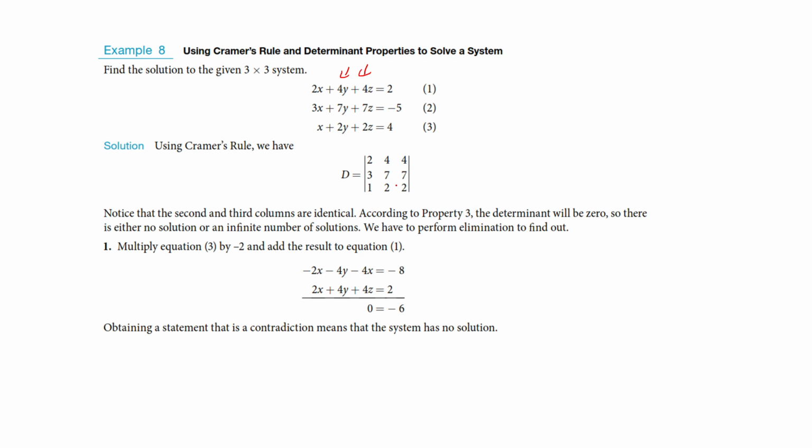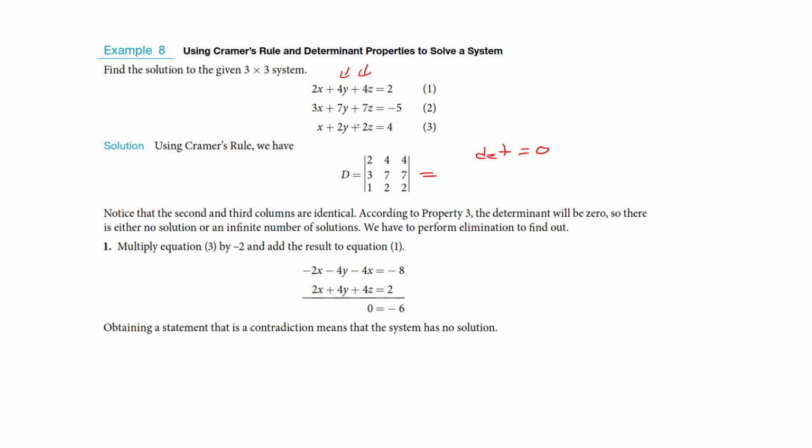I could crunch the math on this determinant, but I know from property 3 that if I have 2 repeat columns, the determinant is going to be 0. Now, what good does that do me? Well, if I know the determinant of a matrix is 0, then I know it's going to be either no solution or infinite solutions, but I can't tell which one.